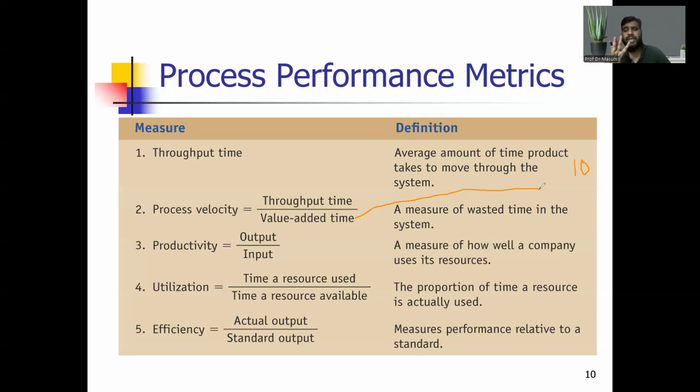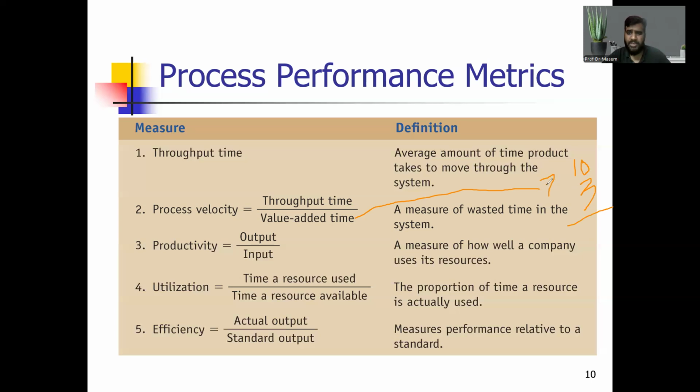So there are 3 minutes of wastage. Are you getting my point? This is known as allowance in operations management language. Allowance is 3 minutes. So value added time is 10 minus 3 equals 7 minutes.